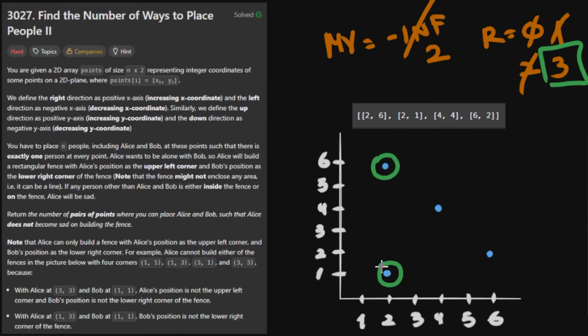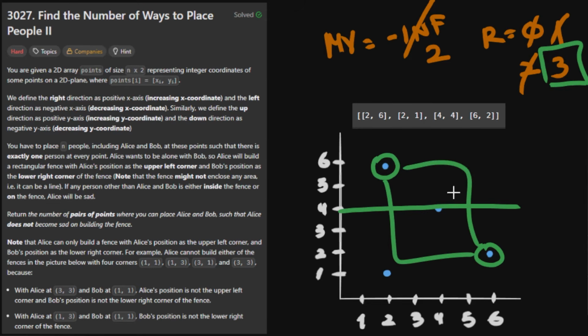Then when we grab this, we move the lower bound here. Then when we are here, we move the lower bound here. And then when we are here, given that this is below the lower bound, this is not a valid square. Okay, so basically this is a very important variable.